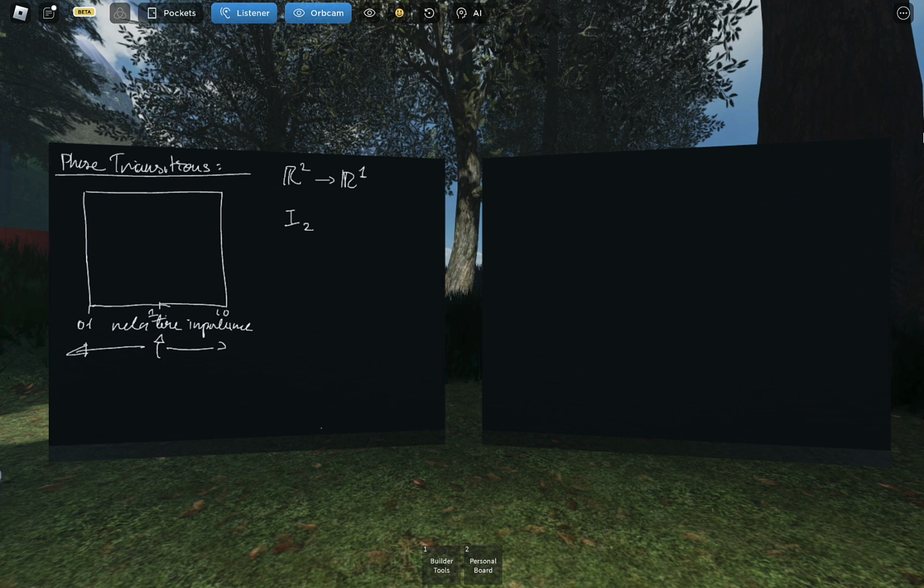And then the y-axis is the sparsity. Oh yeah, I guess I'm calling it the feature density. Sparsity.